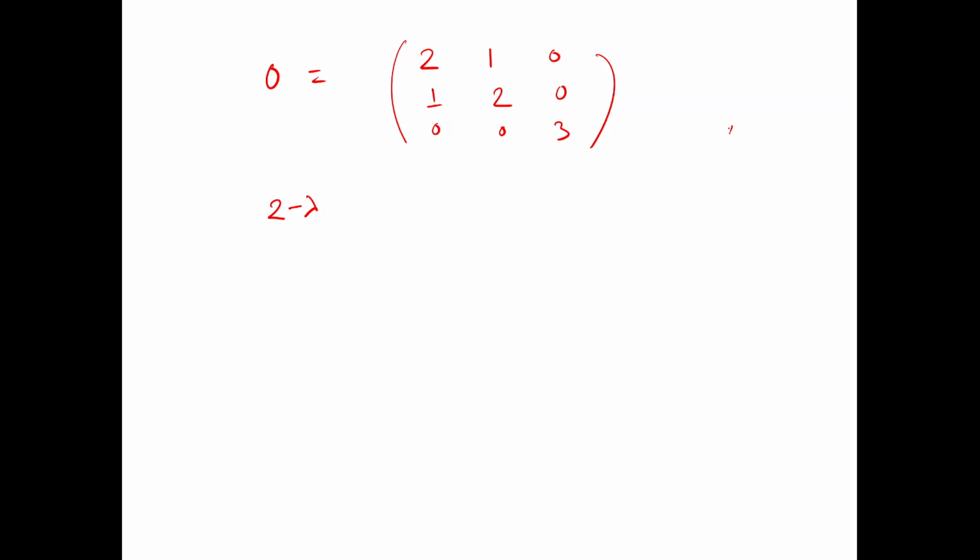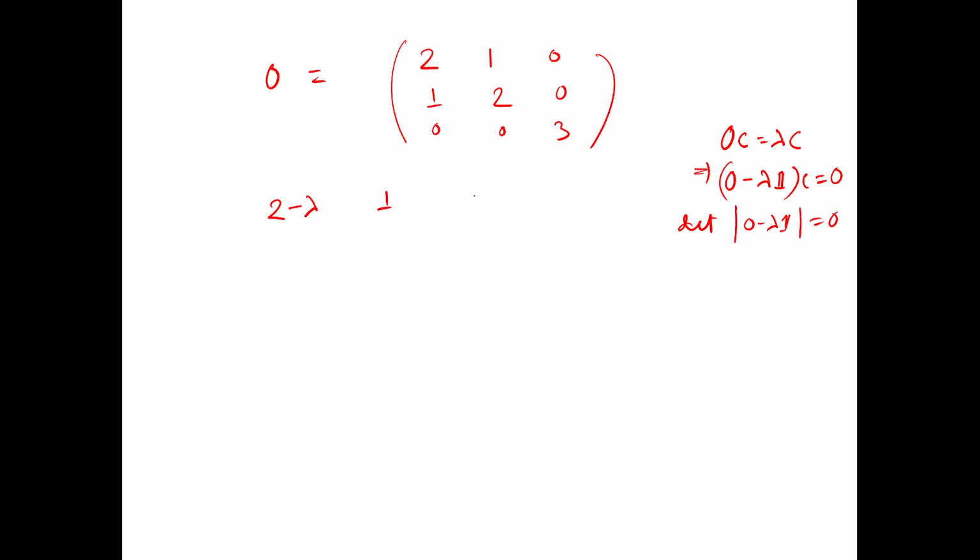So basically what you do, you have OC equal to lambda C, right? So you can write O minus lambda times the unit matrix, times C, is equal to 0. So you have to take the determinant of O minus lambda I equal to 0, then you will get the solution. That's what I'm doing here.